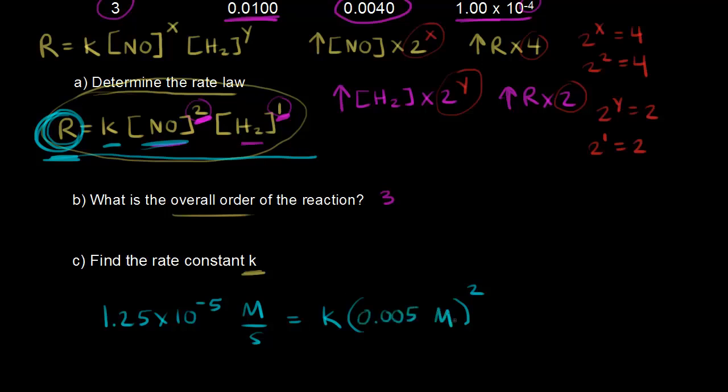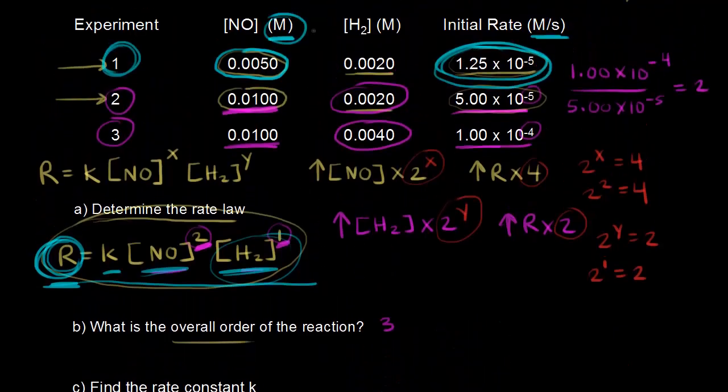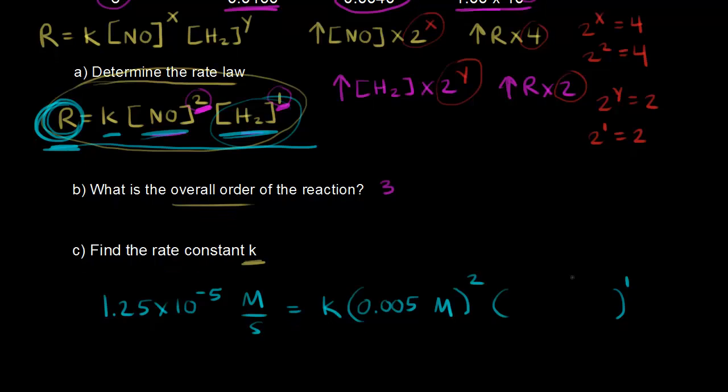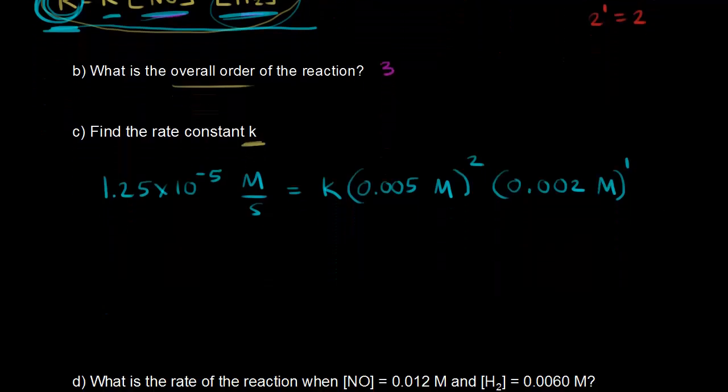And next, we're going to multiply that by the concentration of hydrogen to the first power. So we go back up to experiment 1, and we find the concentration of hydrogen, which is 0.002 molar. So we plug that in. 0.002 molar. Next, all we have to do is solve for K.